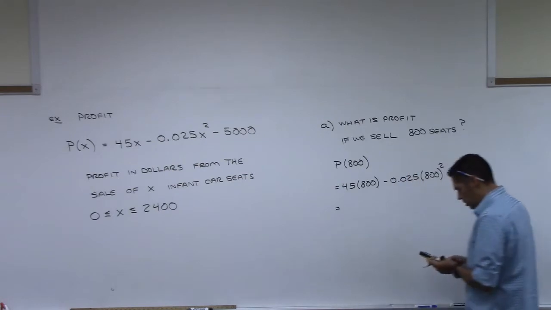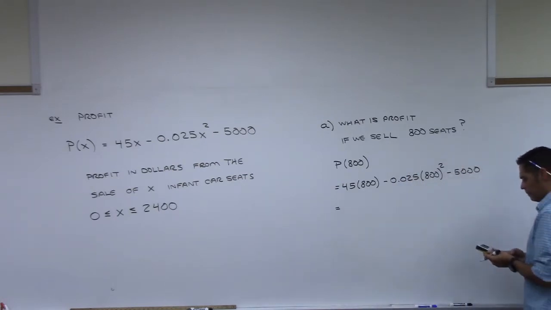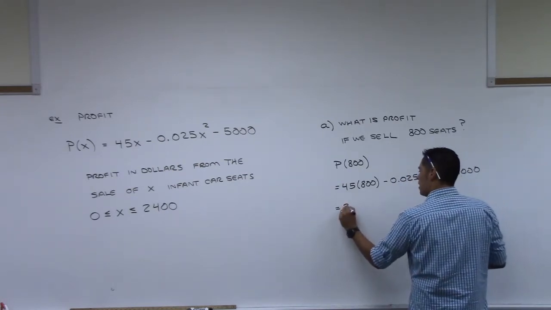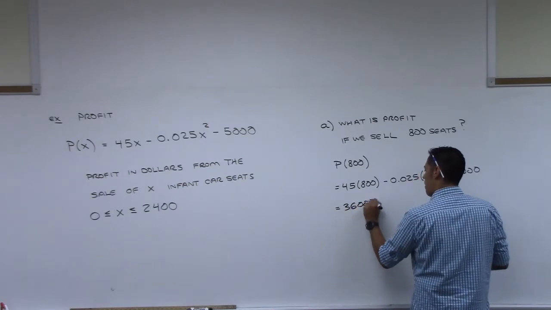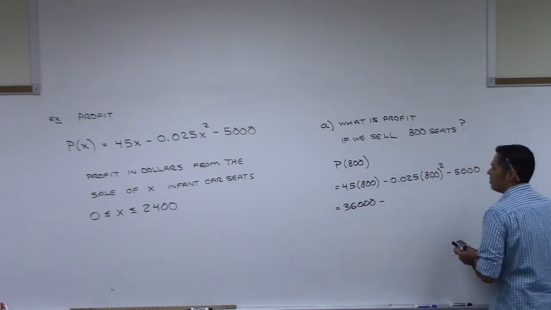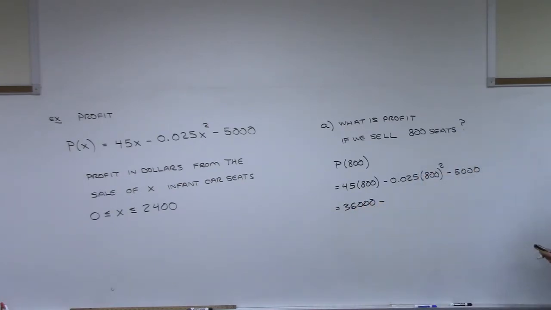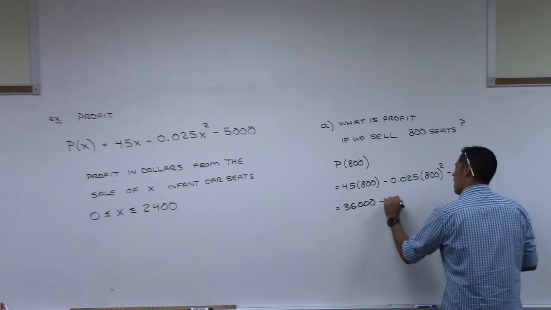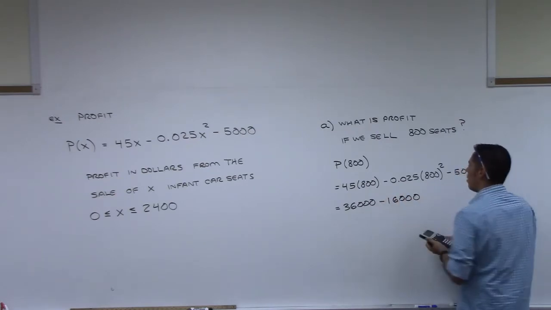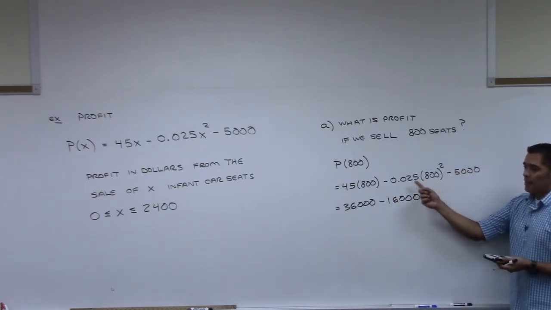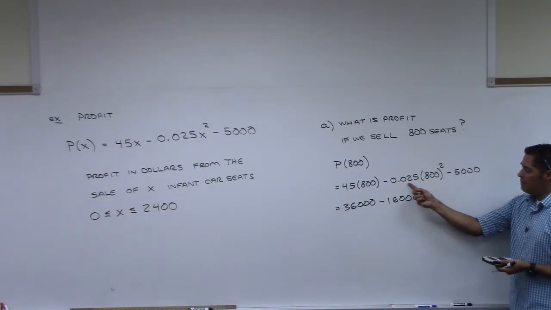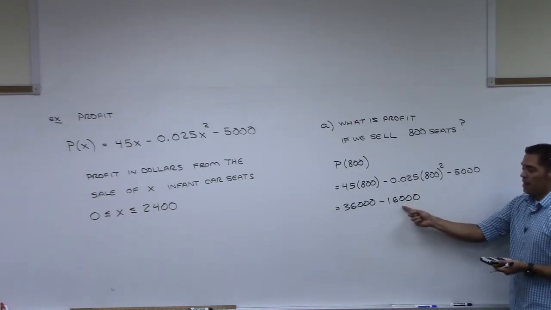So I'm going to go slow through this. 45 times 800 is 36,000 up front here. Minus 16,000 here. So I squared this, and then I multiplied times 0.025, and I got 16,000.